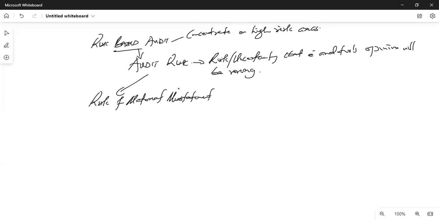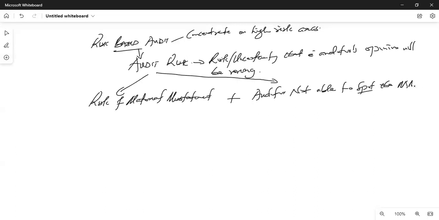Now, if the company makes a mistake which is material, it is the job of the auditor to see it and form his opinion on it. So the risk is not just about the entity's mistake, it is also about the auditor not being able to spot those material misstatements.